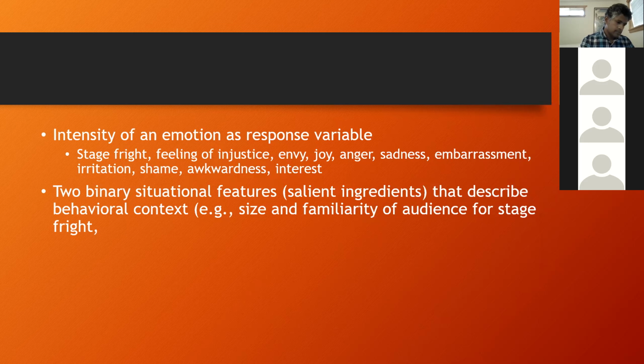For instance, if we study stage fright, we can describe a situation by size and familiarity of audience. For instance, for me, this audience is large and unfamiliar, and maybe that's why stage fright for me is so great.